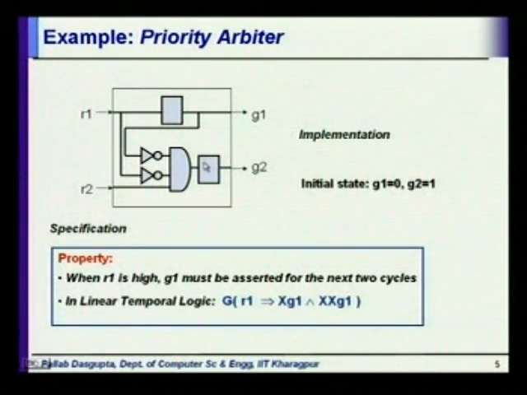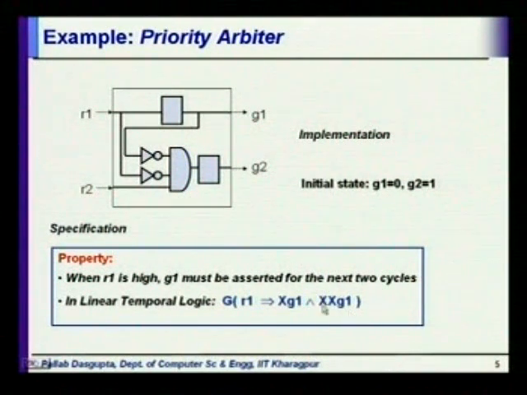So, that is the initial state of these two flops, and we want to verify the following property, that when R1 is high, G1 must be asserted for the next two cycles. So, in linear temporal logic, in LTL, we write that as always R1 implies next G1 and next next G1.